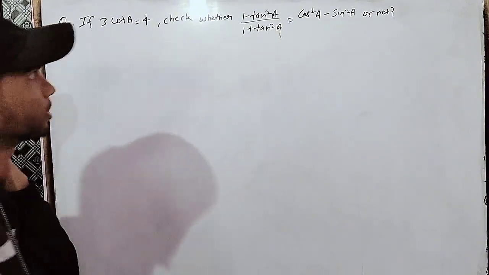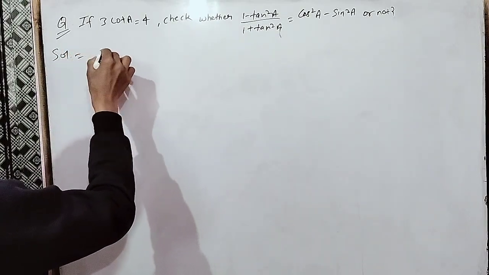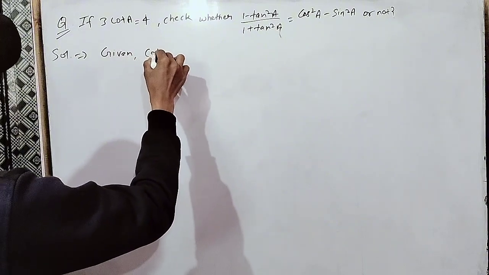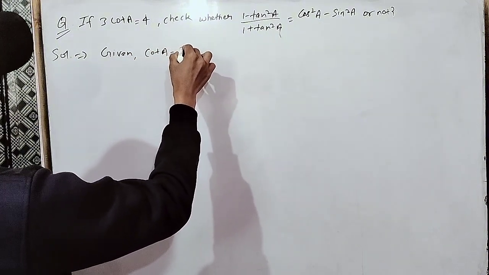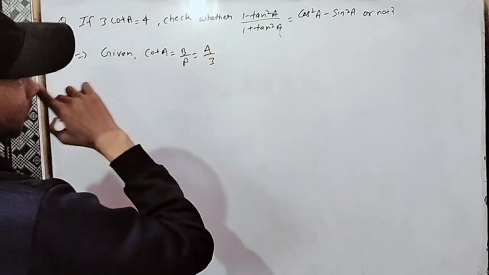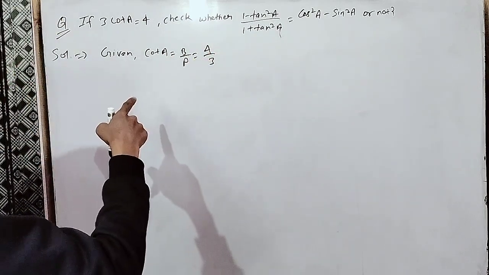So let's see. We have been given cot A, b by p, which is 4 by 3. This is given by the question.